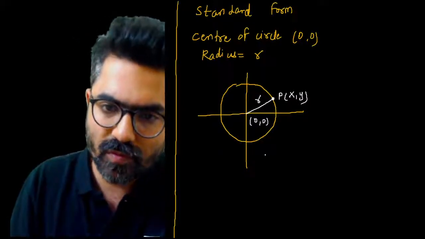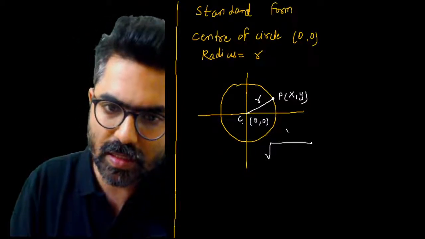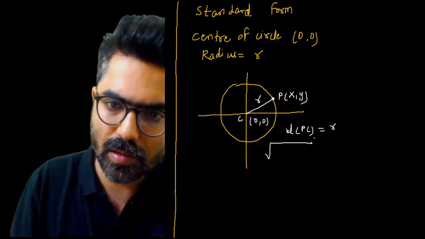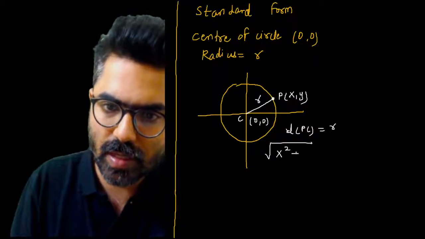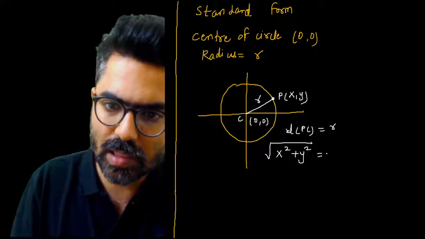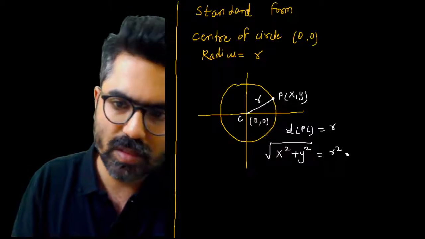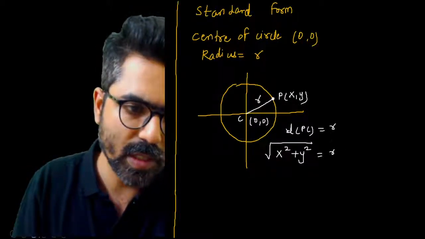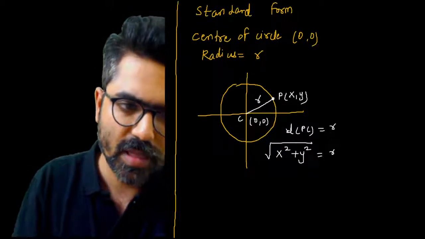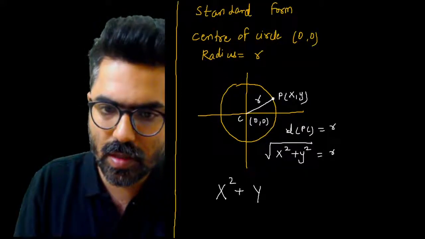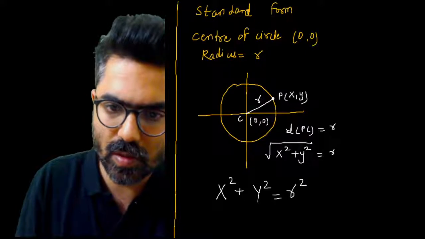Now if you find the distance of P from the center C, distance PC is what? r. So by applying the distance formula, square root of x square plus y square is equal to r. This is the distance formula between a variable point and the center, and that is equal to the radius. So squaring both sides, we get x square plus y square is equal to r square.